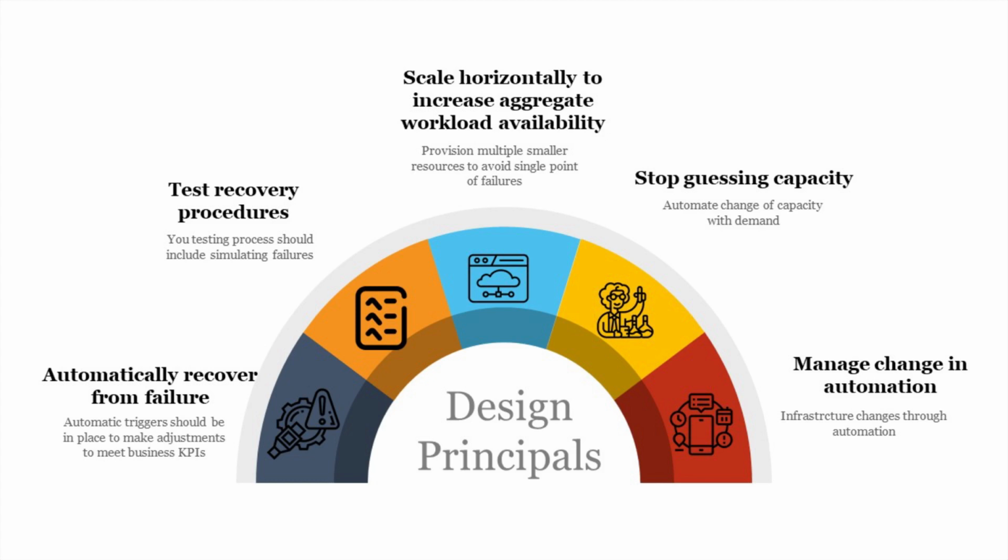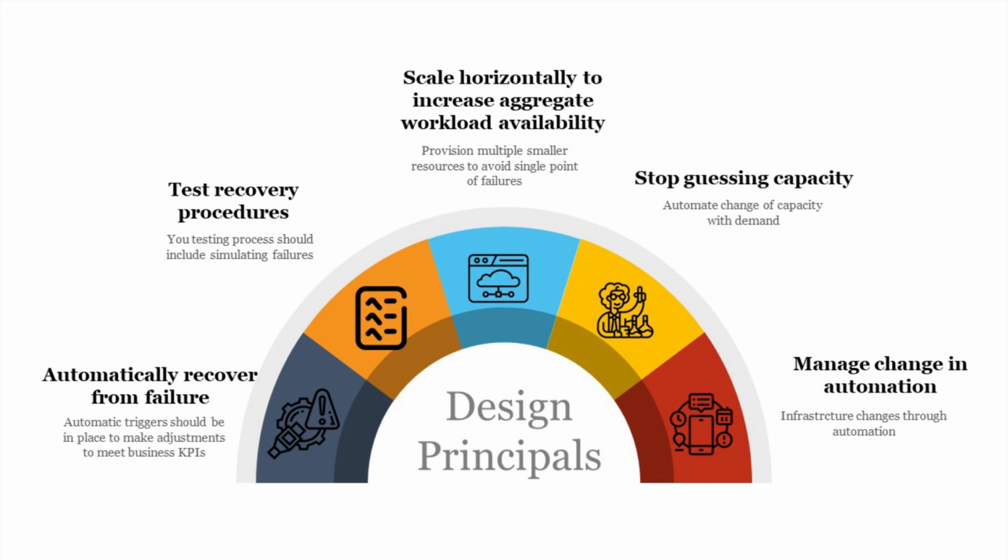Scale horizontally to increase aggregate workload availability. Heavily scaled-up resources can lead to too much dependency and, many times, may be a single point of failure. By scaling horizontally, your requests will be distributed across multiple smaller resources, thus making it a more resilient architecture.